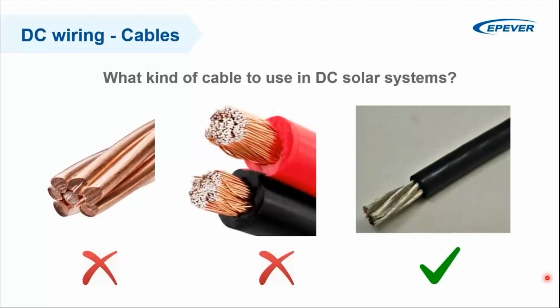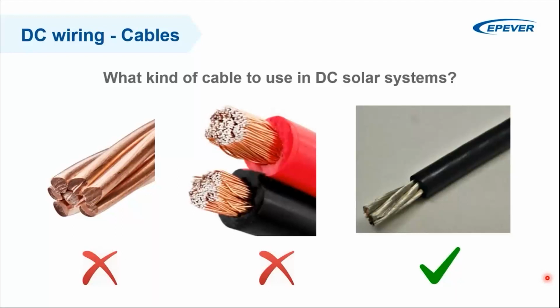And another thing to remember is that if the wire is going to be exposed to UV radiation, then you must use a cable with UV resistant insulation. The UV component of the solar radiation is known as the main aging accelerator for all of the materials, including plastic and any sort of insulation.